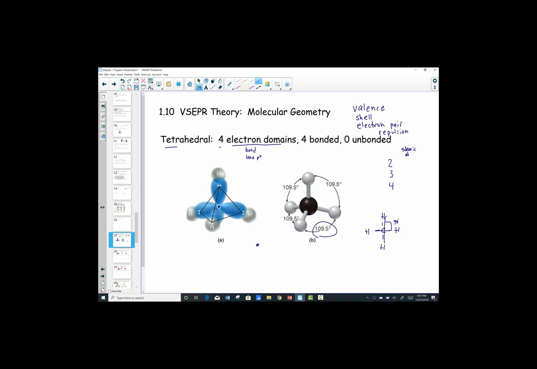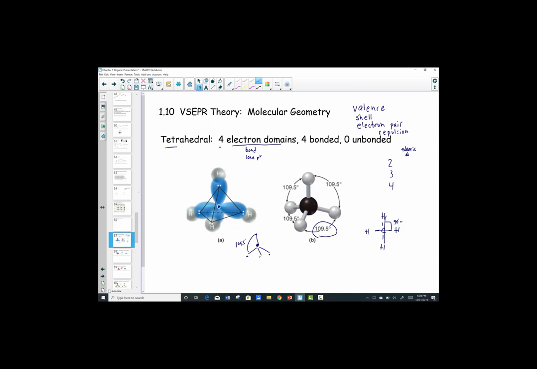If we place that central atom and have 3 of the 4 domains pointing down, kind of like the base of a pyramid, and 1 pointing straight up, we have 109.5 degree bond angles in all directions. Clearly that is maximized compared to 90 degrees.